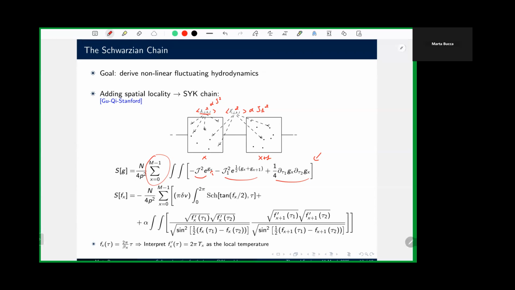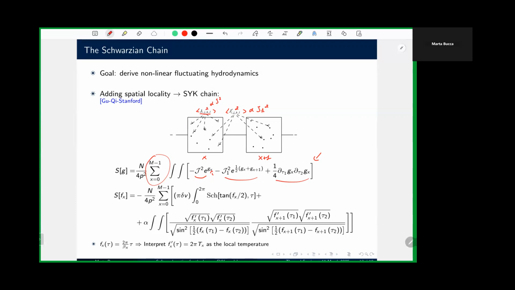And from here, you can use both of our derivations to construct an action for the infrared regime. So for the BCFT action, what you're considering are a lot of BCFTs, each on a different lattice site.